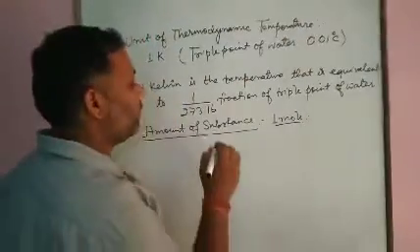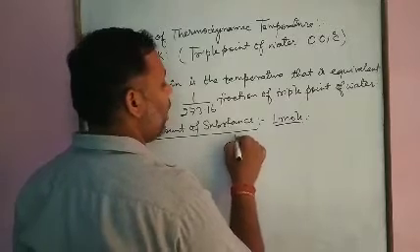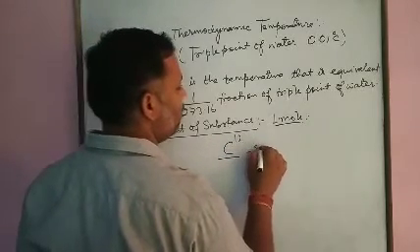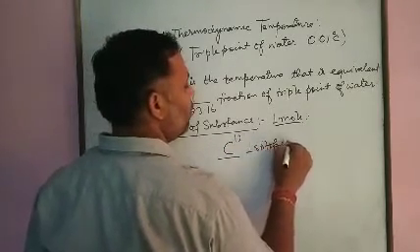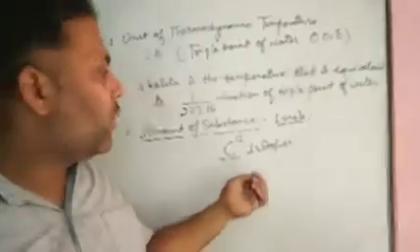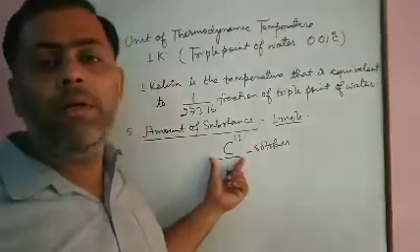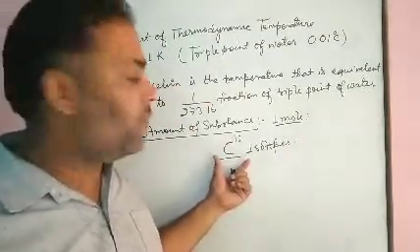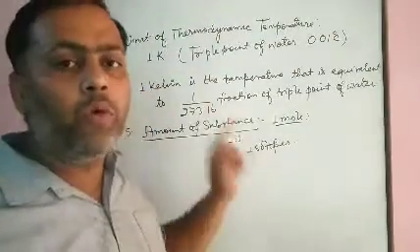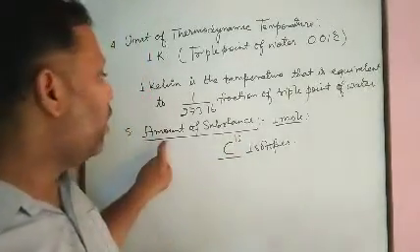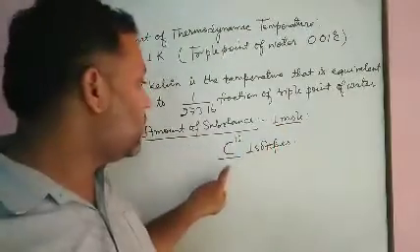In order to define 1 mole, we take carbon 12 isotopes. Why do we take it? Because we know the isotope carbon 14 is radioactive. That's why we take the most stable isotope in order to define 1 mole of substance, that is carbon 12.